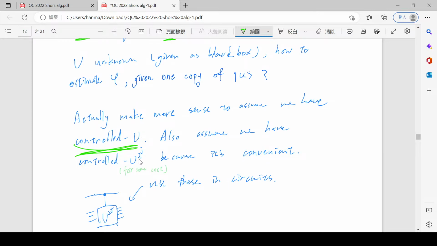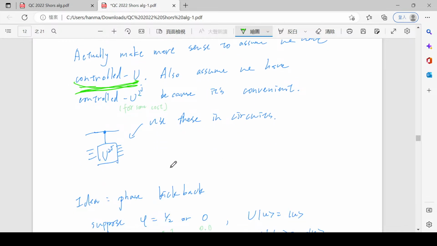We need controlled-U to some power 2^j. You might say that you can do controlled-U^(2^j) by just doing 2^j controlled-U's, but that's too inefficient for us. So later we'll see that we need to assume this is very efficient. But for now, remember we need controlled-U.